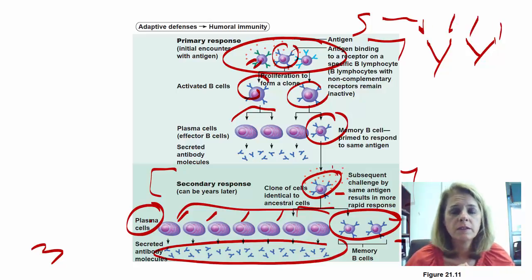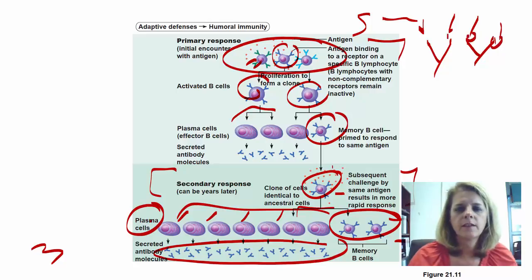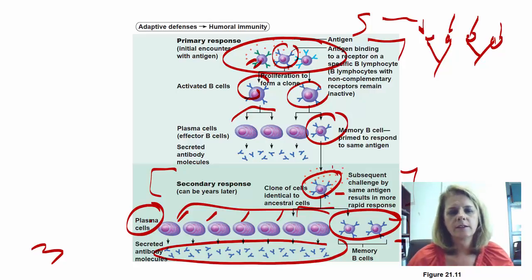Now, some of your B cells may never be activated because they've never been exposed to that antigen. But chances are you've got a B cell that, regardless of what you're exposed to, will respond to it. That's just how these are randomly designed. And again, you can read in your book about that, and you'll learn more about that in micro.